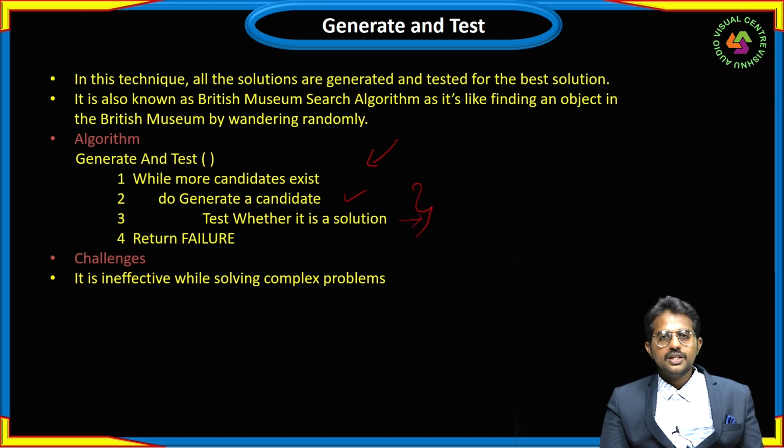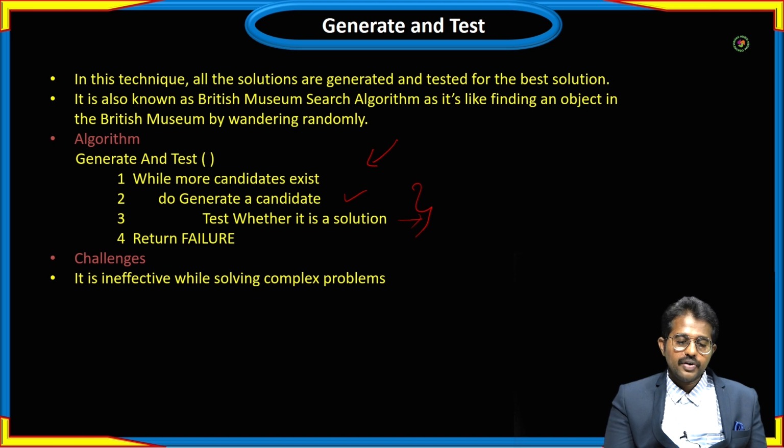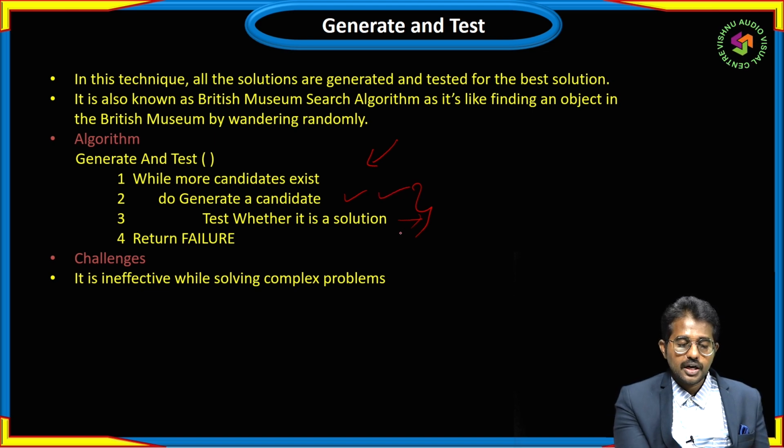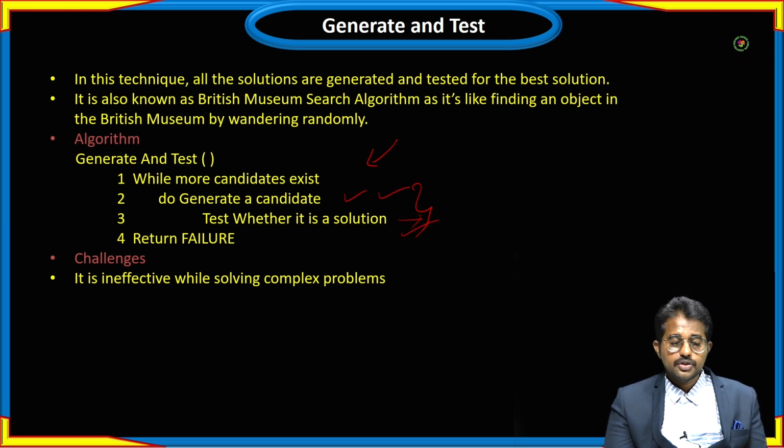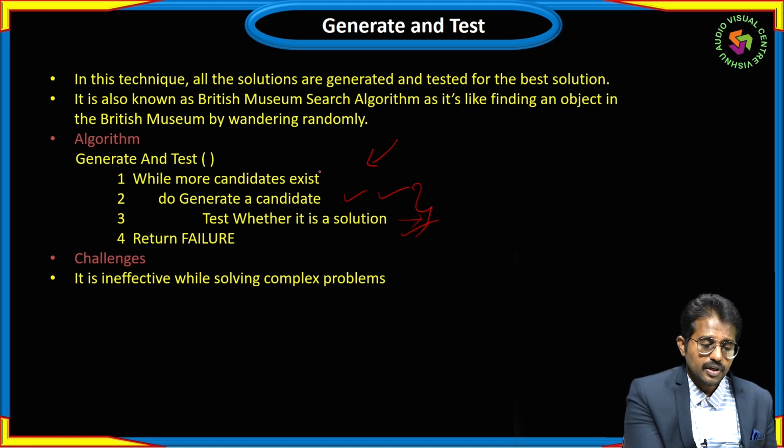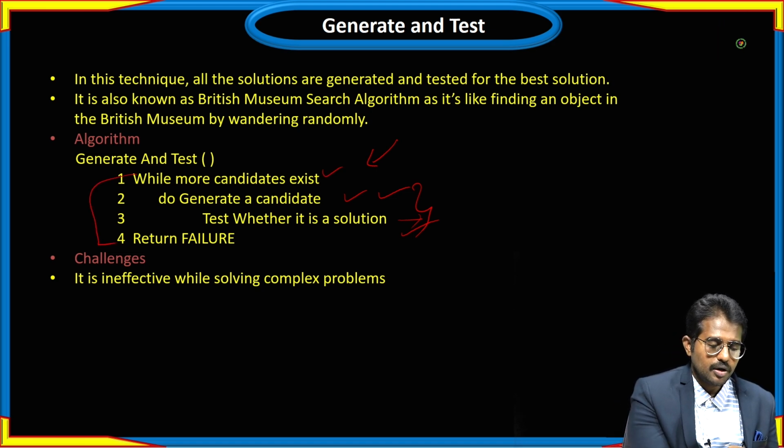The algorithm of generate and test has two parts, generating and testing. First we generate a candidate and check whether that generated candidate is a solution or not. This procedure continues until no more candidates exist. That's why this is kept under a while loop.